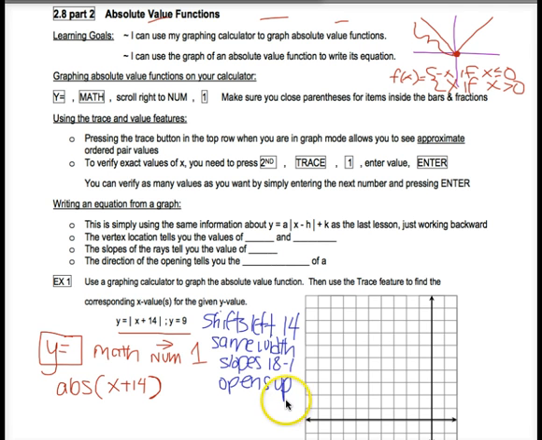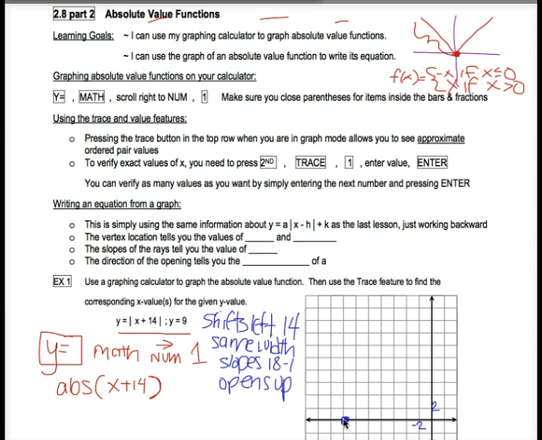So if I were graphing it by hand, which obviously you have to sketch the graph here, I would say, okay, I need to go to the left 14, so I can't count by ones. I don't have enough room on this graph. So I'm going to count by twos. So -2, -4, -6, -8, -10, -12, -14. That's where my vertex should go because it said shift left 14.